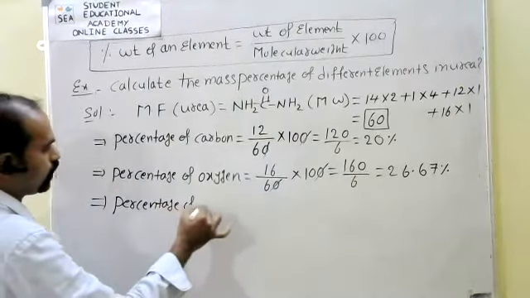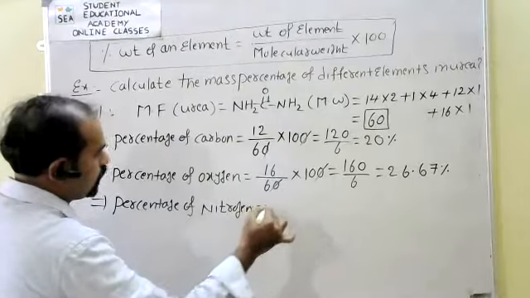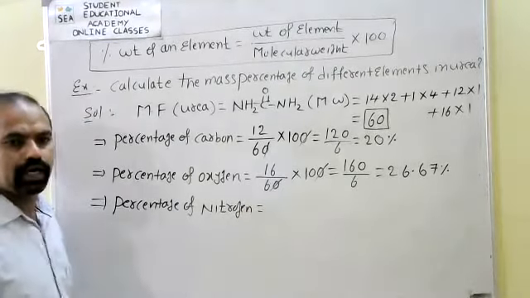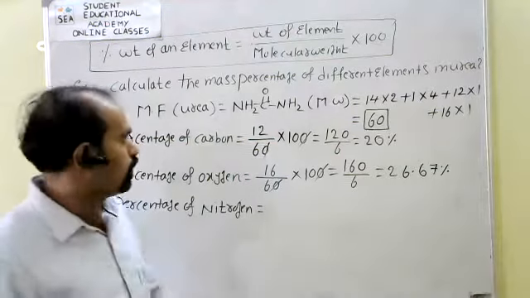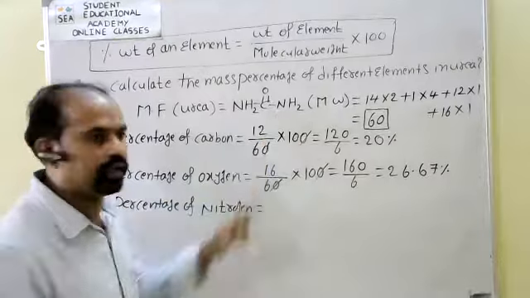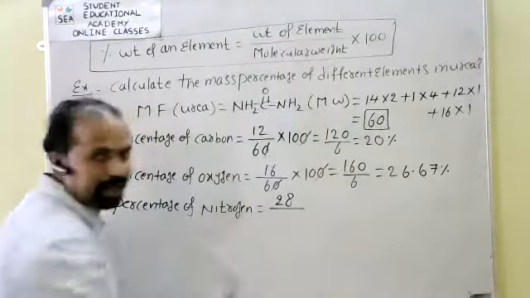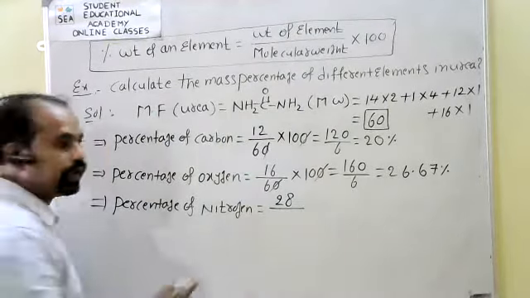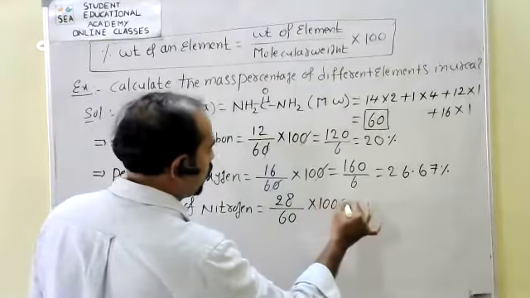Like that, if we calculate the percentage of nitrogen: the nitrogen atomic mass is 14, and the total number of nitrogens is 2, so 14 into 2 is 28. Total weight of the element, 28, upon molecular weight 60, into 100.